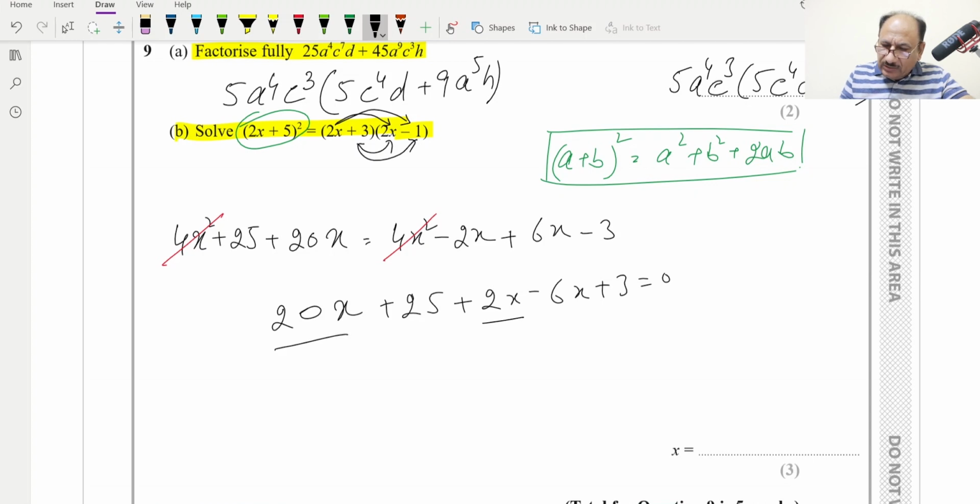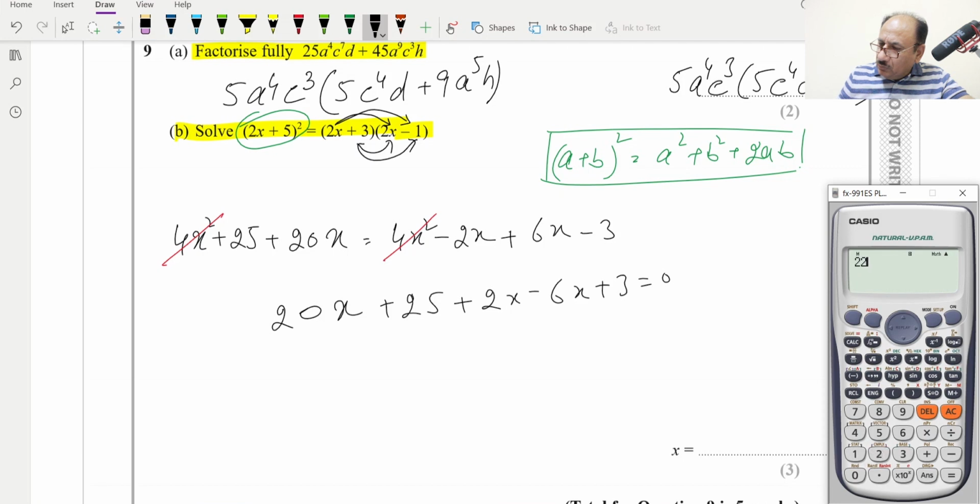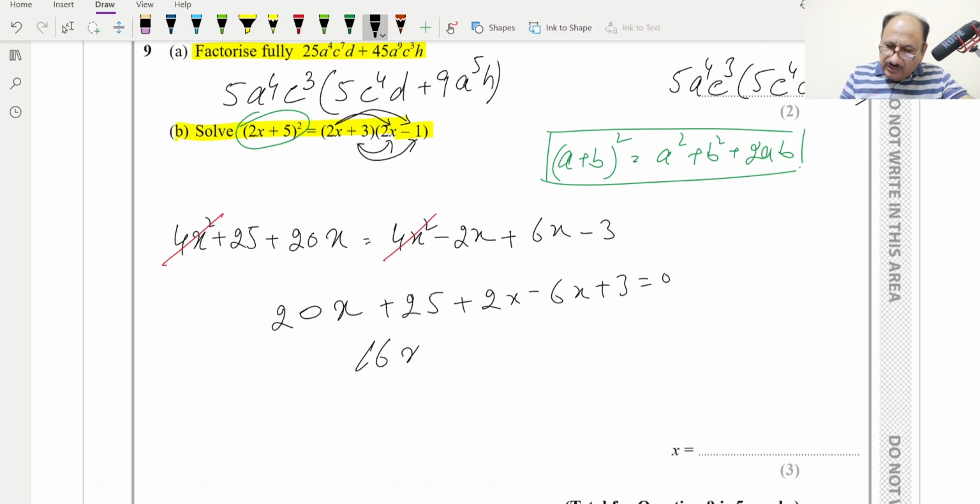So x, x and x, these are three terms. So 20 plus 2 will be 22, 22 minus 6 will be equal to 16. So we'll write 16x, and plus 28 is equal to 0.